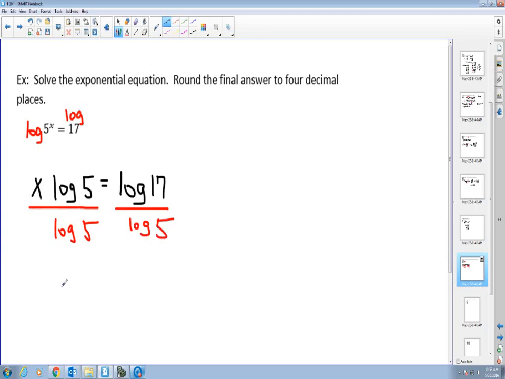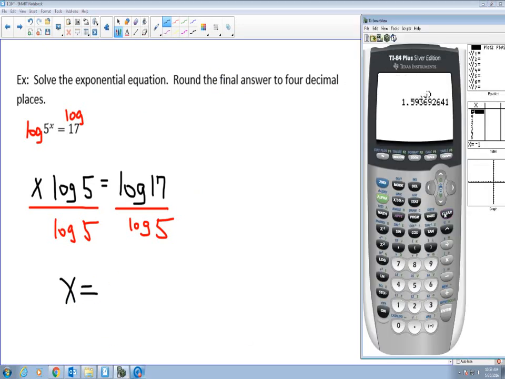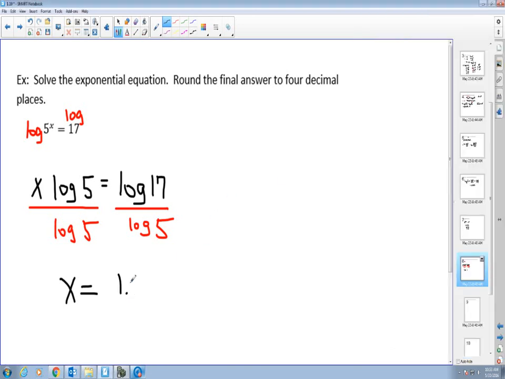So my answer, x equals, around 4 decimal places again, that would be log of 17 divided by log of 5, which is 1.7604. Okay, that's all it is.